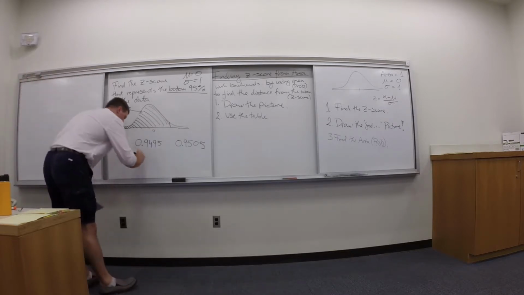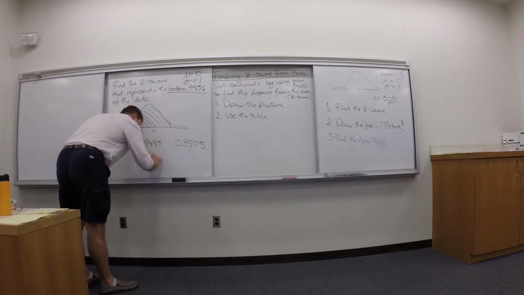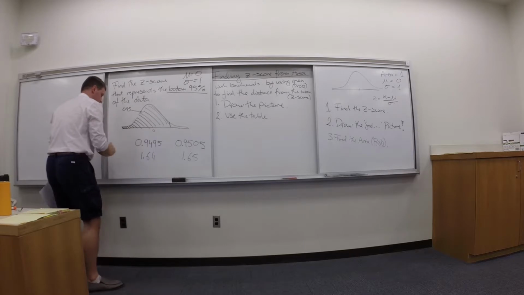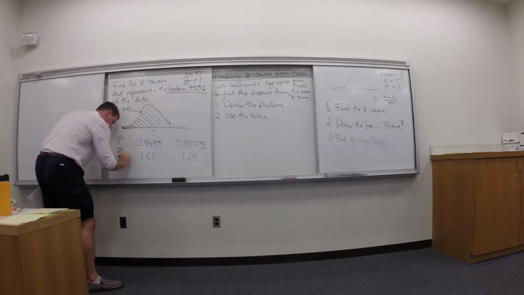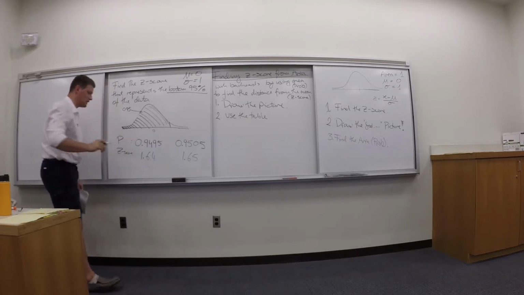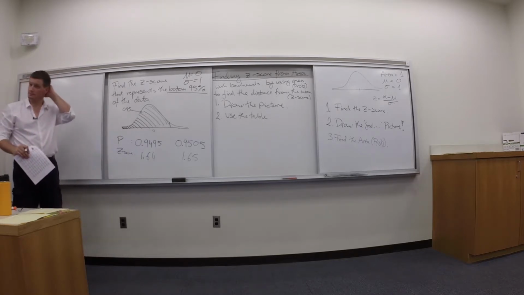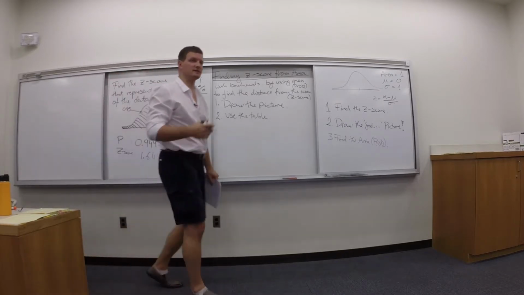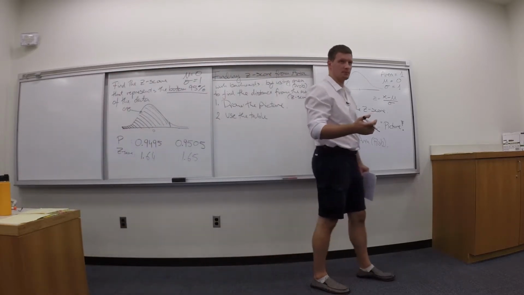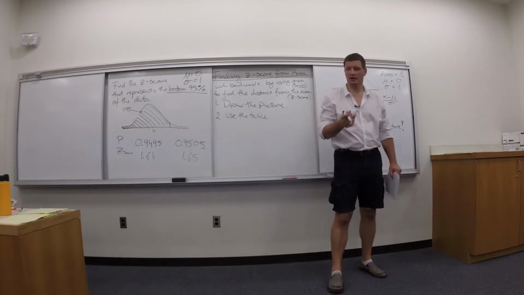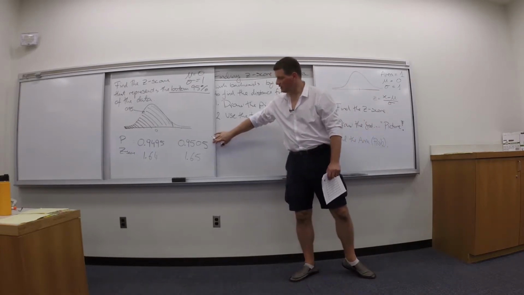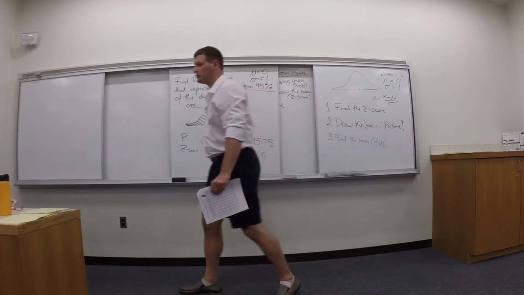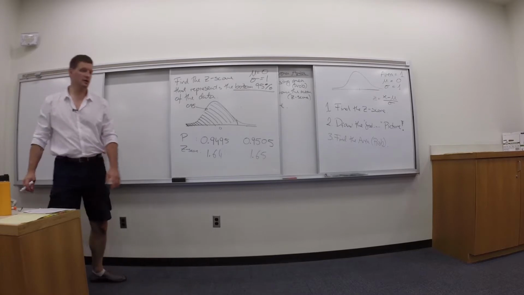They're corresponding to 1.64 and 1.65 z-scores. So that's the probability, that's the z-score. Yes? You found those two? Okay. Because 95% is something that we use very, very commonly in our life, we will use a more precise z-score than either one of those.